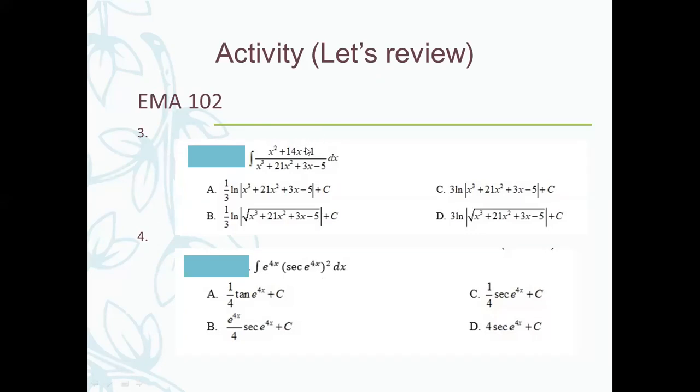If the degree of the numerator is less than the denominator, you are to check if ln will work, or if not, you have to factor the denominator and use the method of partial fractions. Or simplify first before you use the method of partial fractions. Okay, answers are already in the chat box.